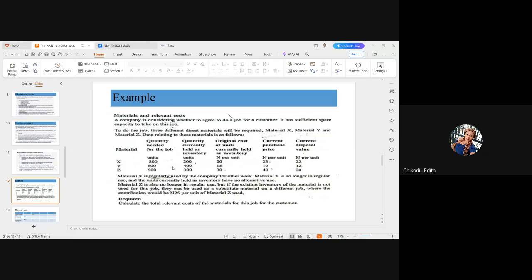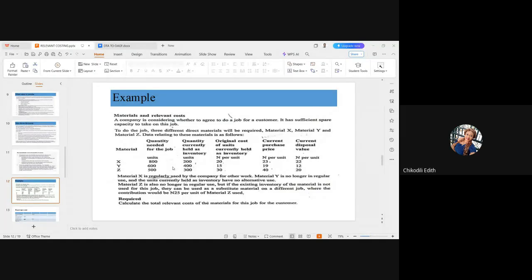A company is considering whether to agree to do a job for a customer. It has sufficient spare capacity to take on this job.